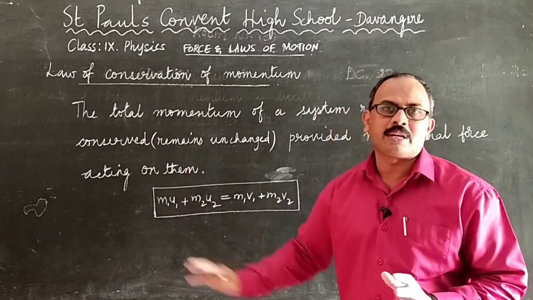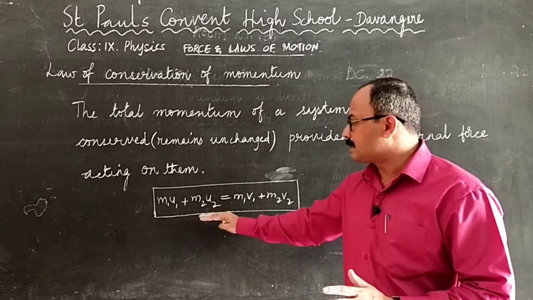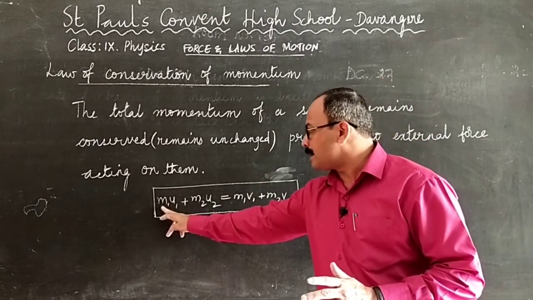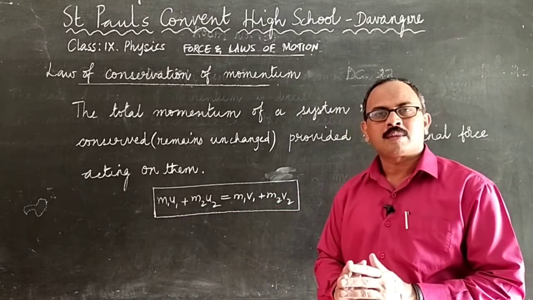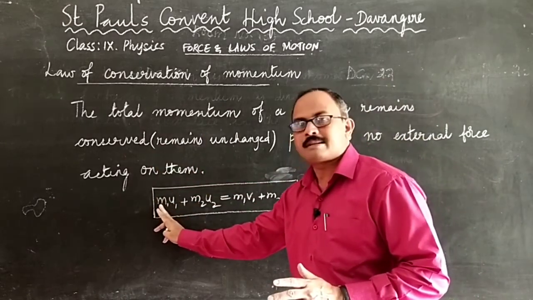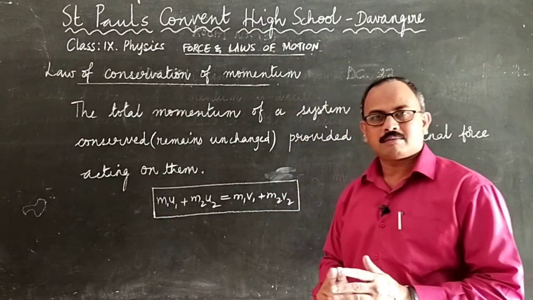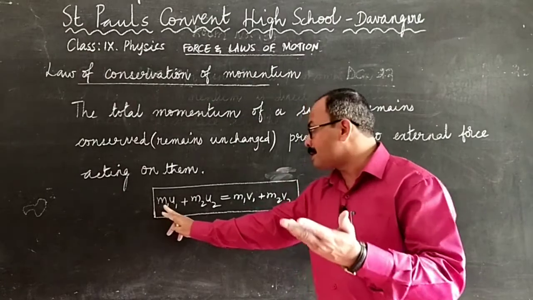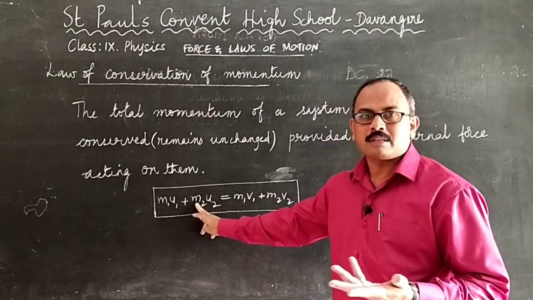We are going to prove it now. Two objects I am going to consider, mass 1 and 2. Before collision, let me consider this as a truck, this as a car. The truck has got a different mass, and the car has got a different mass.